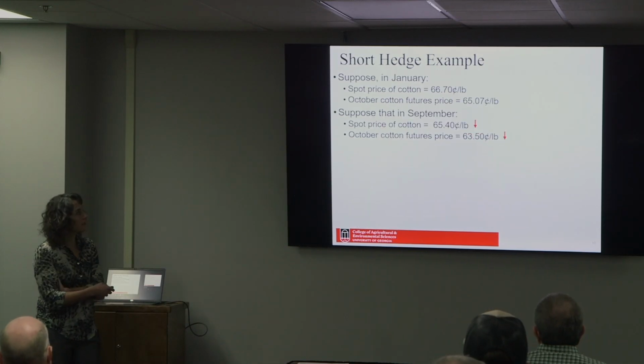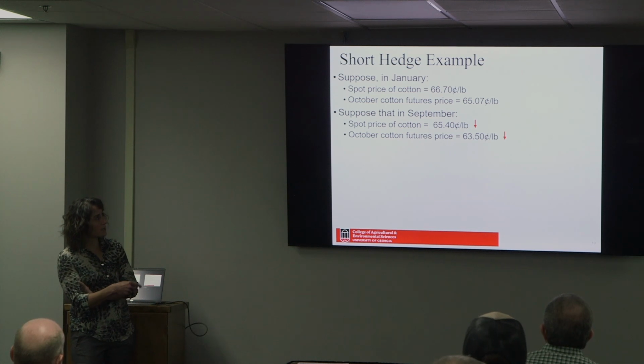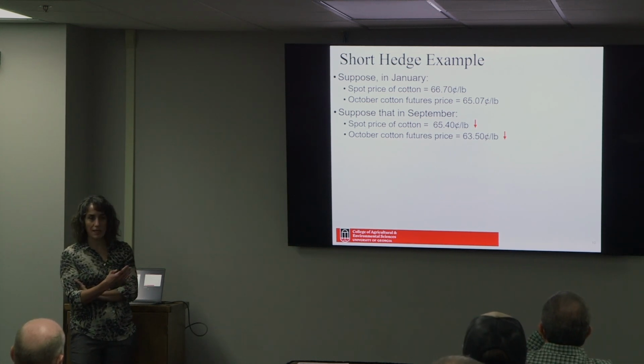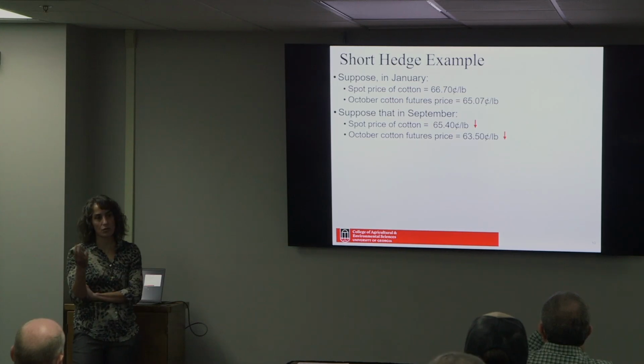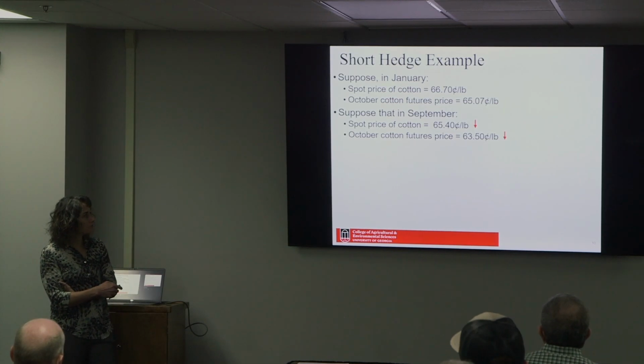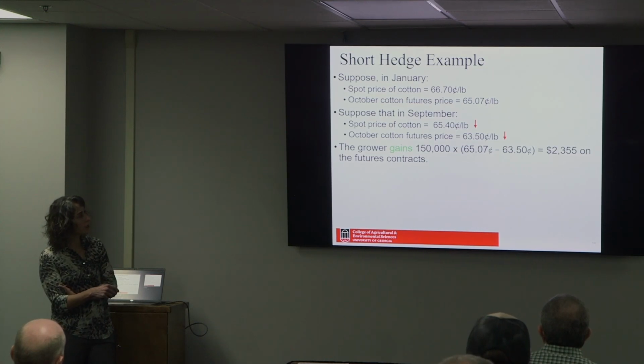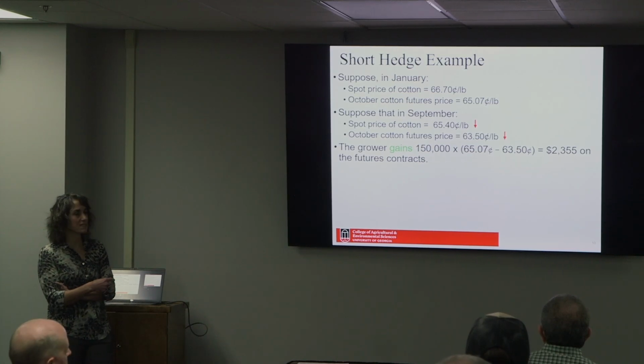So let's suppose in January the spot price and October cotton prices are given like that, and then both of them are getting lower in September. It turned out they dropped a little bit. So what happens? In the futures market, this grower will gain about $2,400 in total because they had a short position at the price of 65.07.